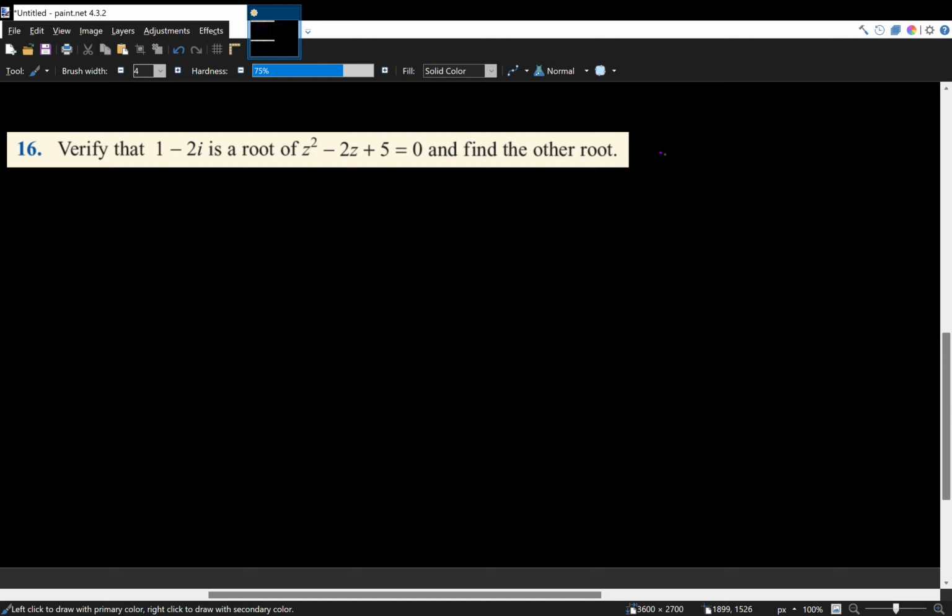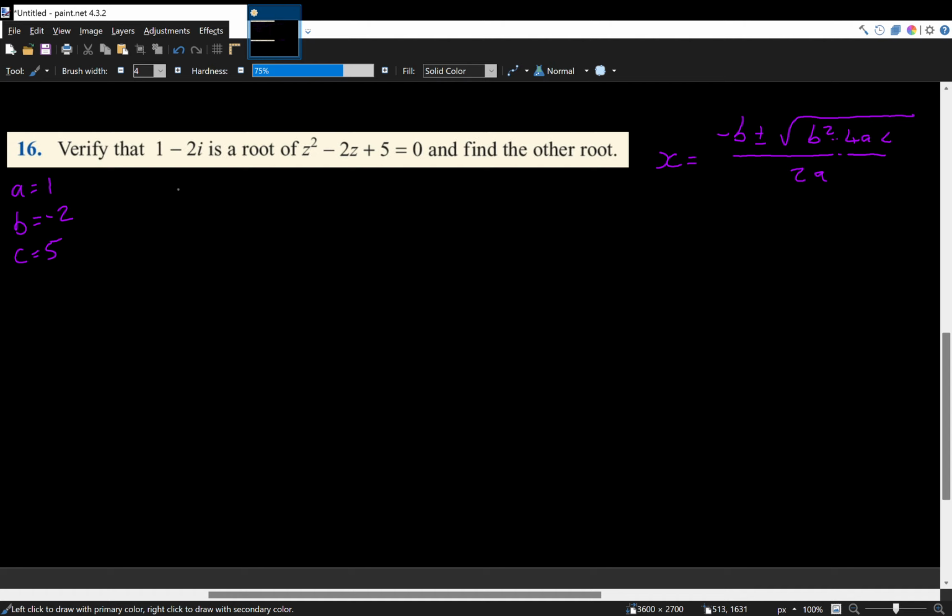So the quadratic formula is x equals minus b plus or minus square root of b squared minus 4ac all over 2a.